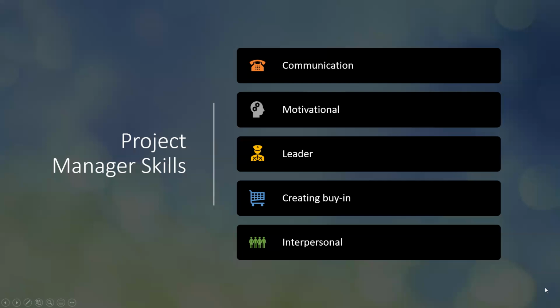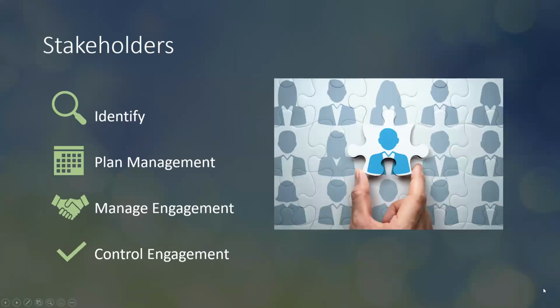Okay, so next we're going to go over stakeholders. In project management, it is the project manager's responsibility to manage the stakeholders, right?